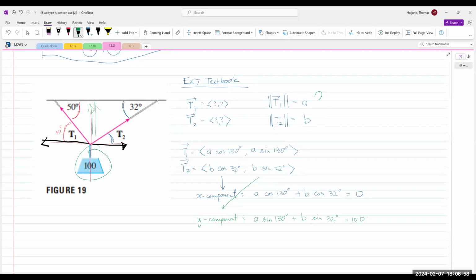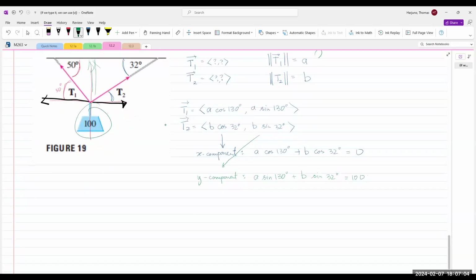Then how do we solve this? Notice that we basically now have a system of two equations with two variables, A and B. From equation number 1, the x component, let me solve for B. B is equal to negative A cosine 130 degrees over cosine 32 degrees.